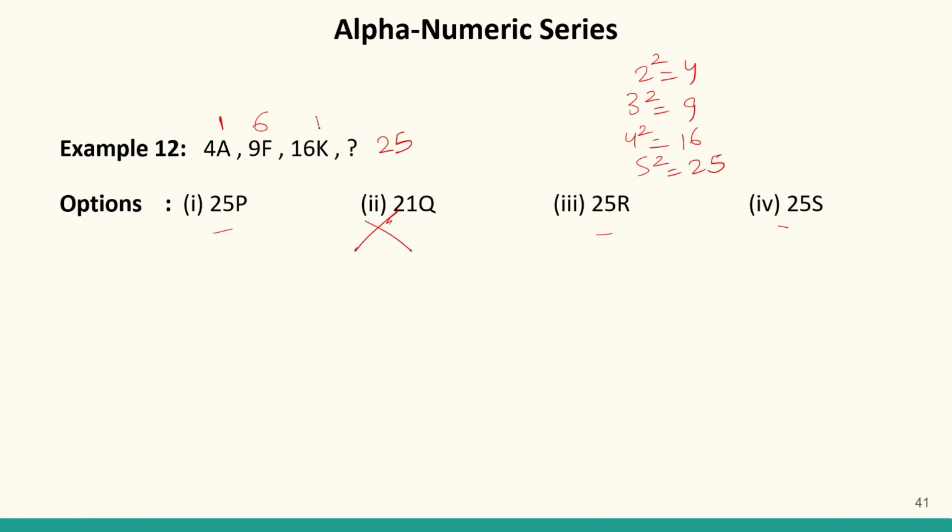K 11. I can say that 1 plus 5 will give us 6. 6 plus 5 will give us 11. So there is an increment of 5 positions. So 11 plus 5 will give us 16th position. So 16th position is for P. So the answer will be 25P. Option number 1.